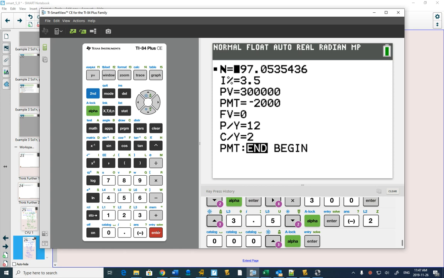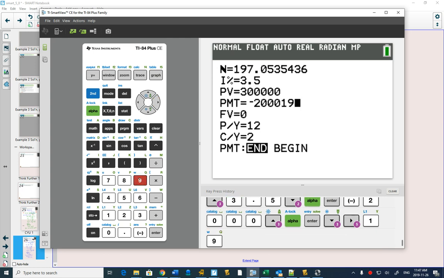What did that extra $500 a month save me? So a reminder, at 3.5%, this house cost us $450,000 if we stayed at 1,500. But now, oh no, I forgot the multiplication.